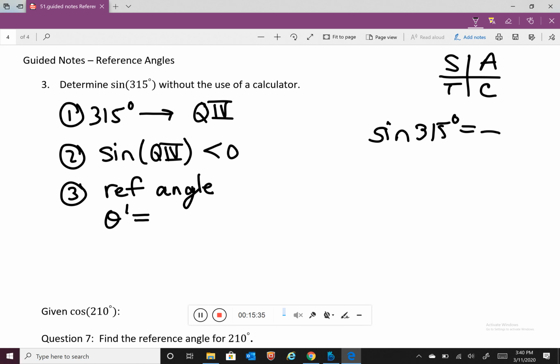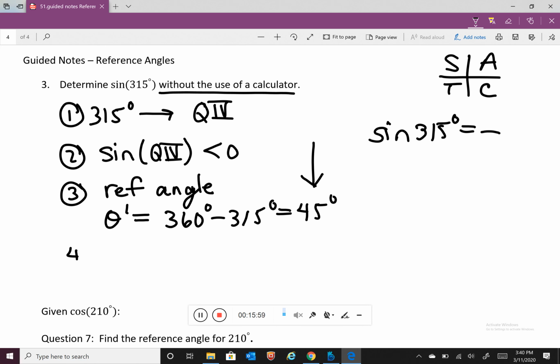So 315 degrees is closer to 360 degrees because 360 degrees is 45 degrees past 315 degrees. And notice this is a special angle, which is why we're not going to have to use a calculator.